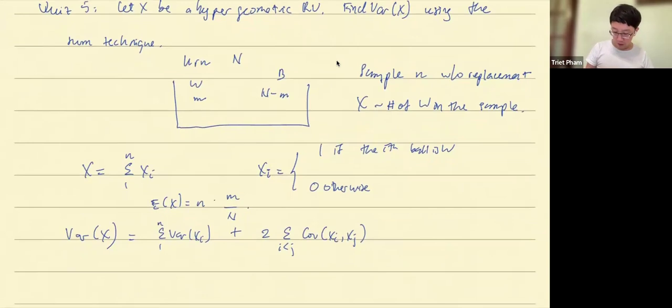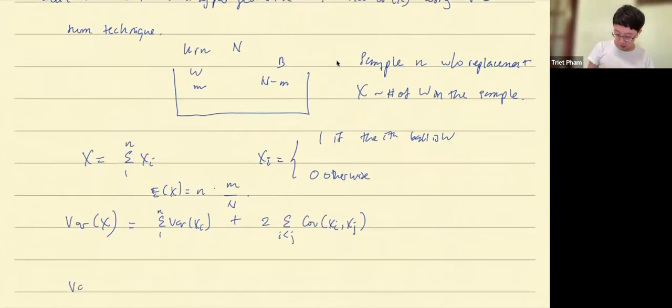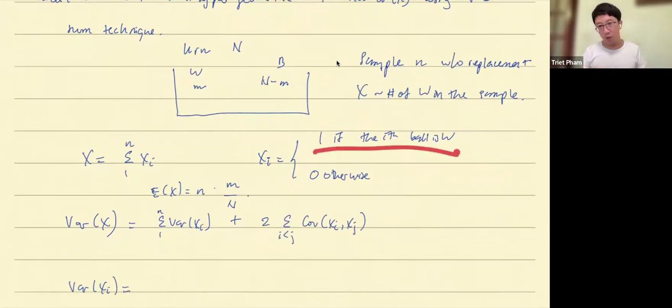Now, what's the variance of xi? If you remember, if xi is a Bernoulli, then the variance of xi is p times 1 minus p, where p is the probability of success.